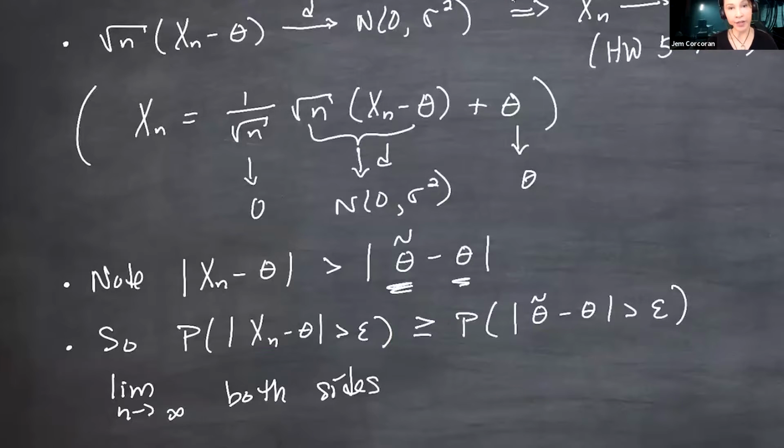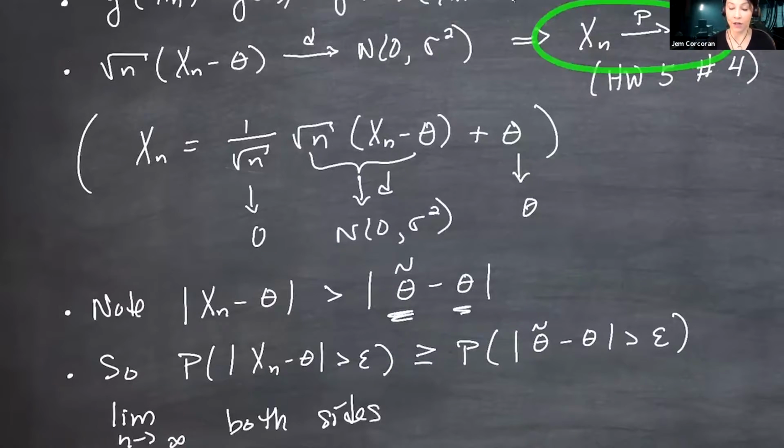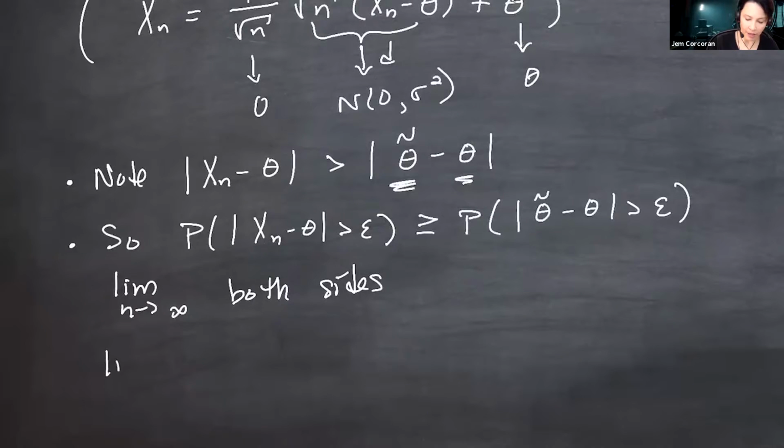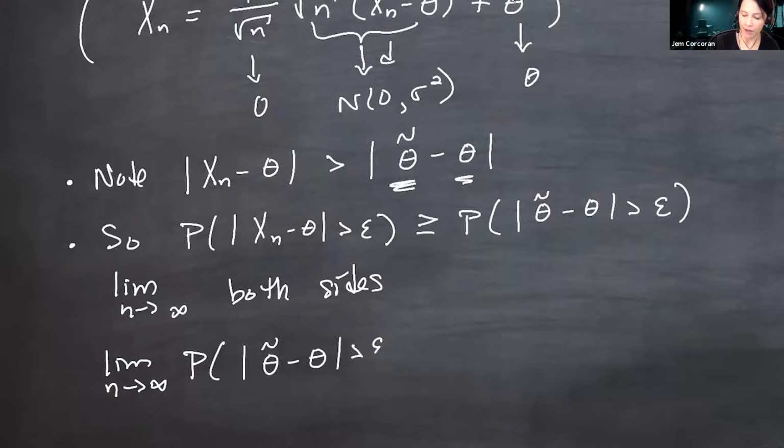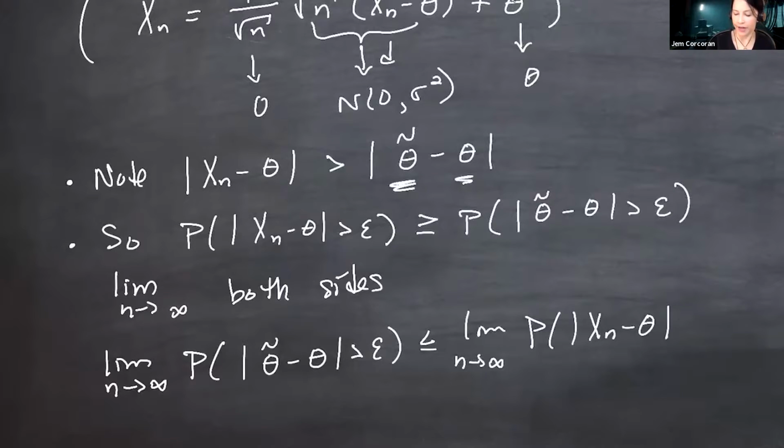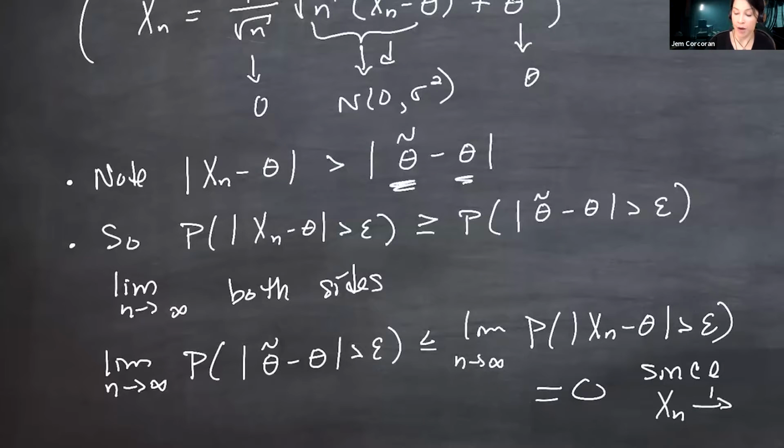The left side is going to 0 because we already said that xn goes in probability to theta. The limit as n goes to infinity of the probability absolute theta tilde minus theta greater than epsilon is less than or equal to the limit as n goes to infinity of the probability of absolute xn minus theta greater than epsilon. And this is 0 since we showed above that xn converges in probability to theta.